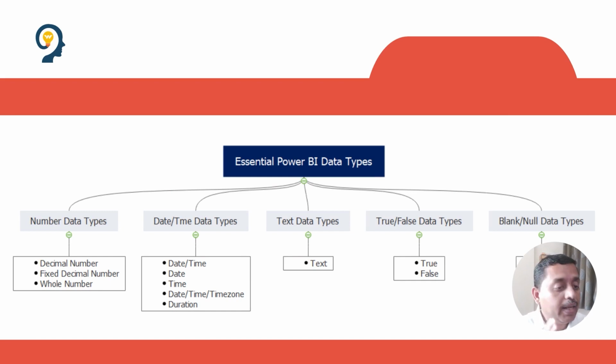Then we have date and time, which has date, time, time zone, duration, stuff like this. Then we have text. Text does not support any kind of calculations, as we understand. And then we have the Boolean data types, wherein we have true or false data. And then we have something called blank or null data types as well.